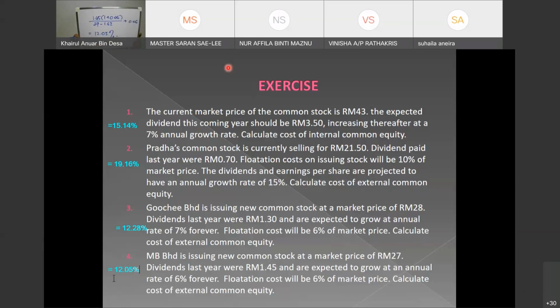Boleh nampak tak? So the net price is 27 minus 1.62, plus growth 0.06. The answer is 12.05% here. Okay, this is for question number 4.